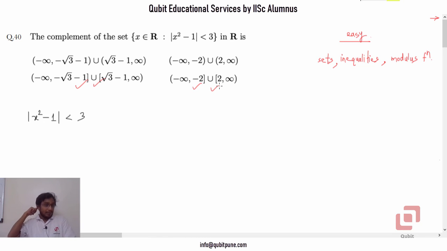Now the very fact that they're asking us for a complement of this set, whose solution set will definitely consist of open intervals, its complement will be a closed interval kind of thing. So it has to be either this option here or this option. So we have to decide that. Well, there also is a shortcut to do that.